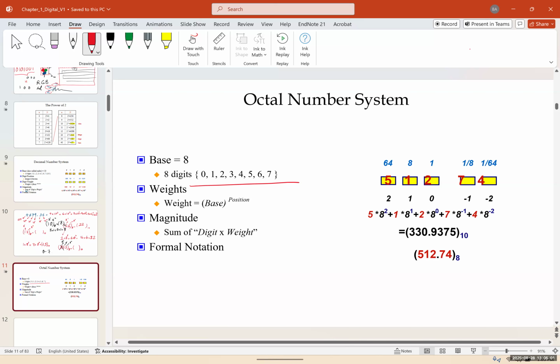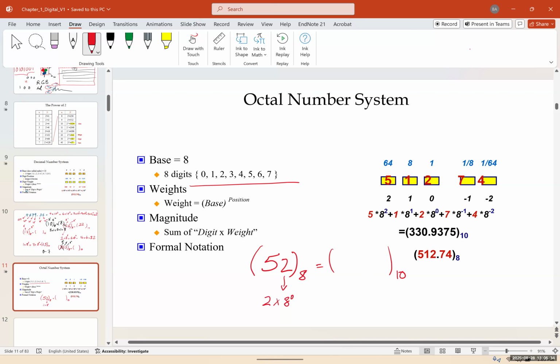Please give me a 2-digit number between 0 and 60, something like that. 52. Thank you. So we have 52 in a base of 8, and we want to convert this to the base of 10. The first digit would be multiplied by 8 to the power of 0.